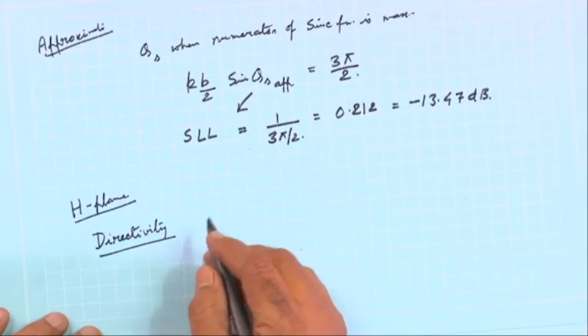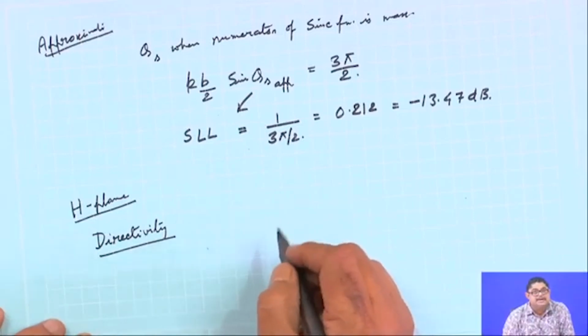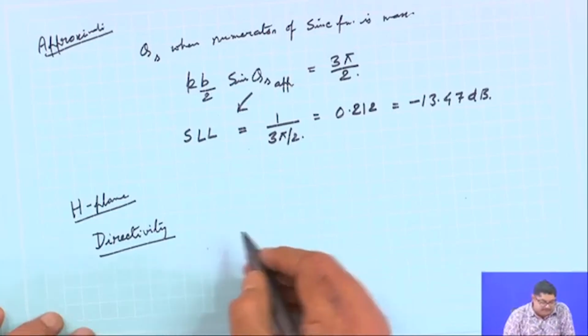So, we can say that total power radiated, instead of calculating from the far fields, we can also calculate from the aperture fields, because whatever aperture is sending, so that is an easier way, because it is a uniform field. So, that is why for PR calculation, total power radiated, we will take the help of the aperture field.